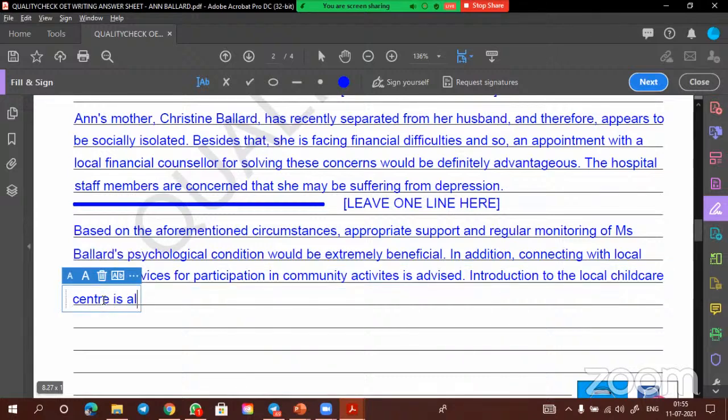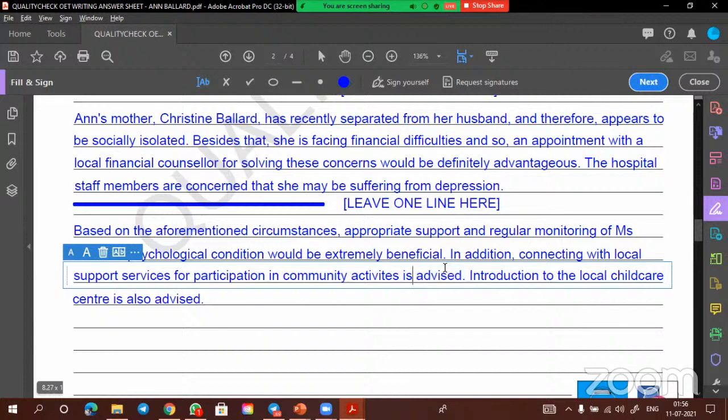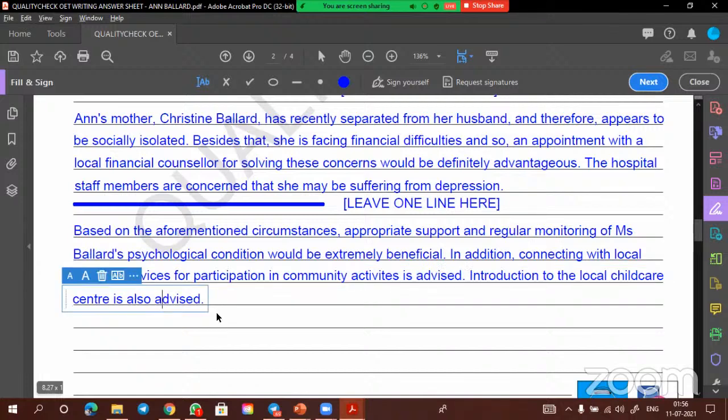Introduction to the local child care center is also suggested. Or alternately, I'm showing you all these things: here you say advised, and here you say recommended or suggested. Anyway, it's okay, no problem. Is also recommended. Full stop.